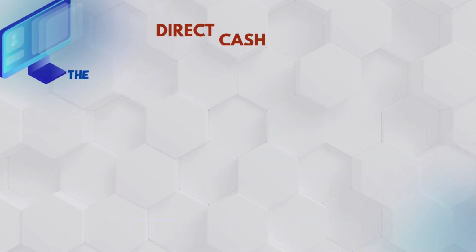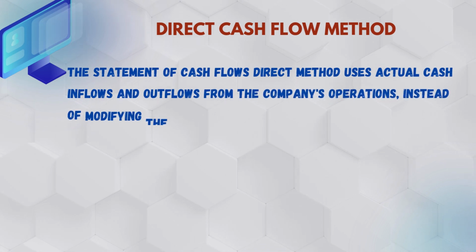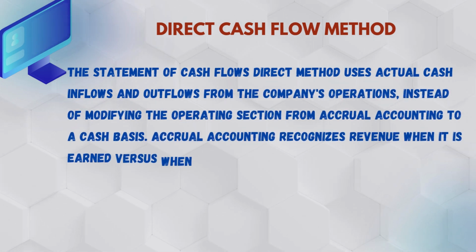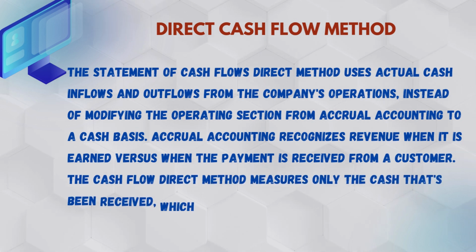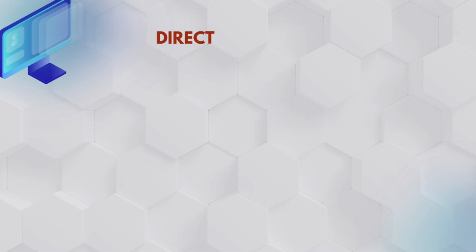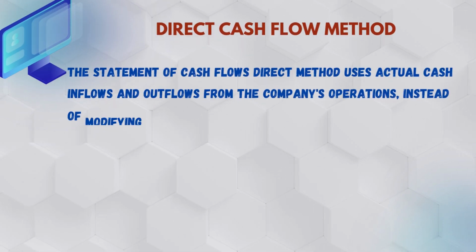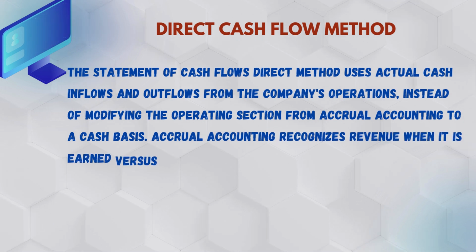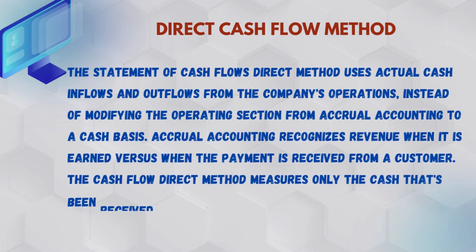The cash flow statement in the direct method measures only the cash that's been received, meaning the real cash, which typically comes from customers, and the cash payments or outflows, such as payments to suppliers.